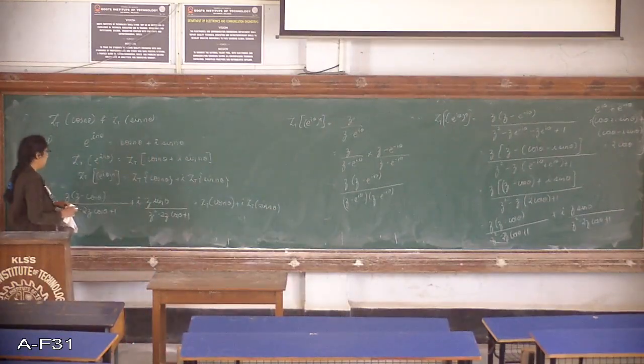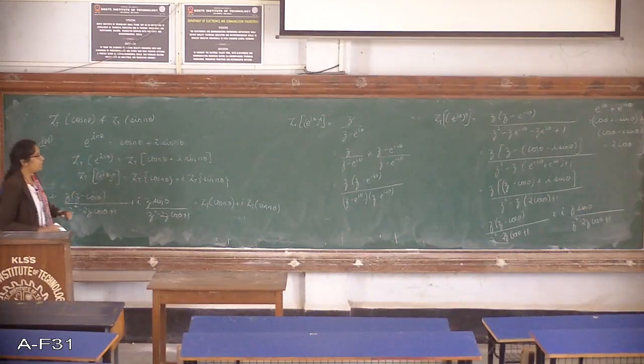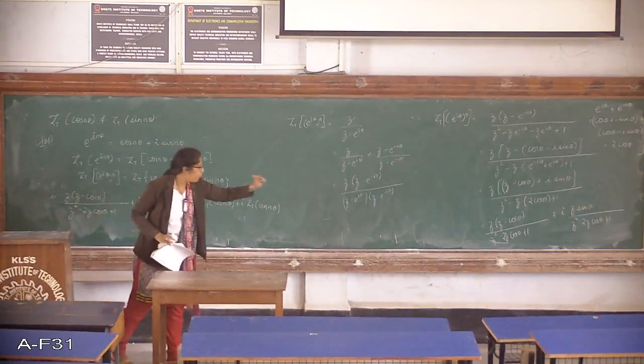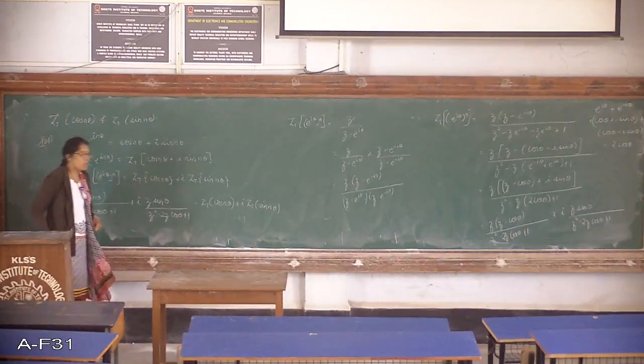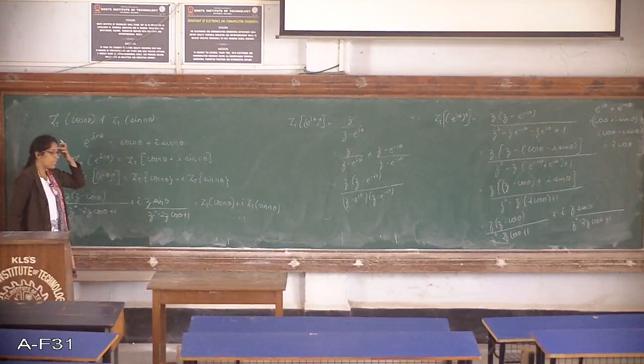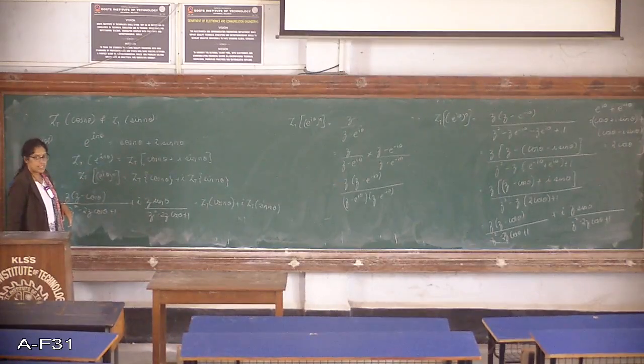This result, z transform of e raised to I theta raised to n, whatever I have obtained, I have just replaced here, and then it is equated to the z transform of cos n theta plus I times z transform of sin n theta.